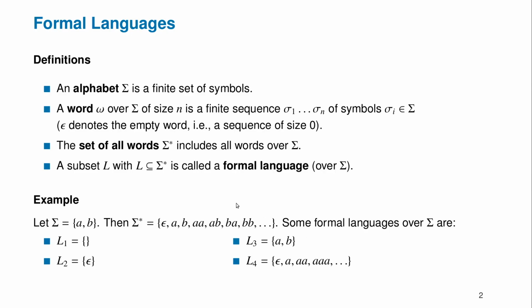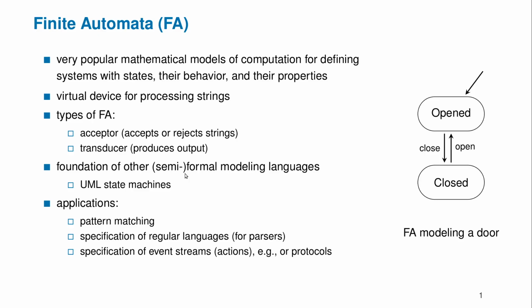What is important is that an element of the alphabet is not necessarily one symbol of our alphabet as we have it here. If we go back to our example from the first slide, then the alphabet of this automaton are the symbols close and the symbols open. So close is one element of the alphabet and open is one element of the alphabet.